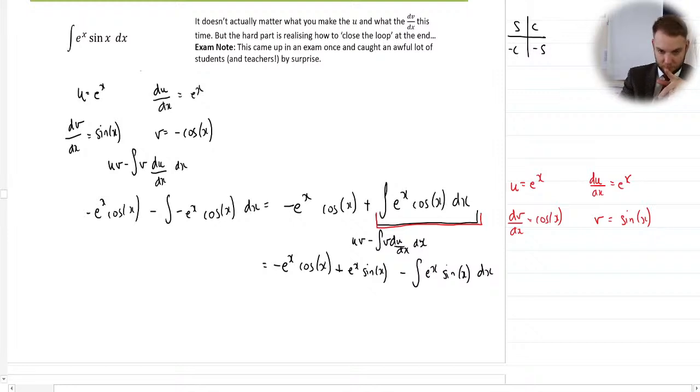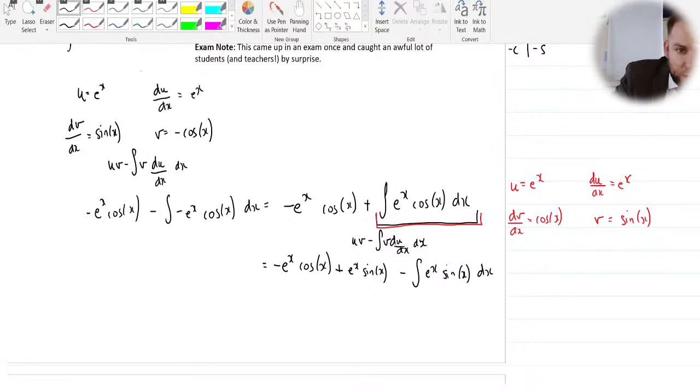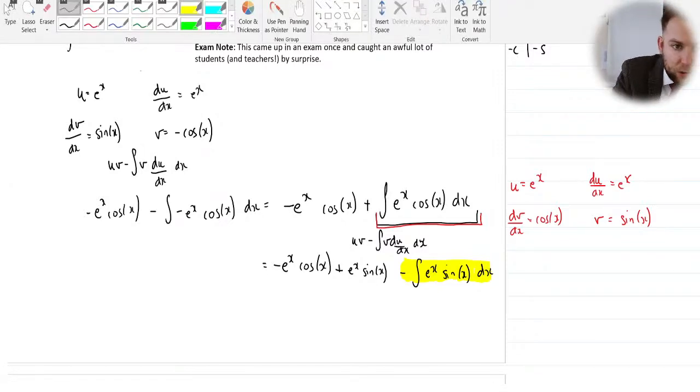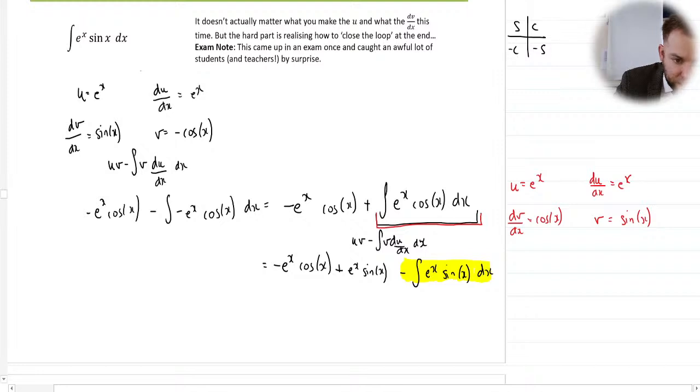Now, the thing that we spot here is that this here is the same as our starting position. Okay, this here is the same as our starting position. So when I do this, I can take this. If I say this now, this is where I'm up to.